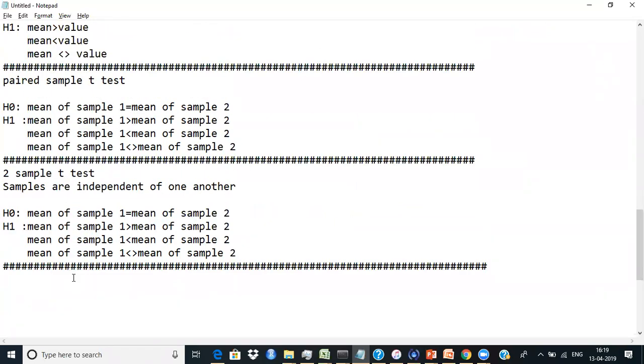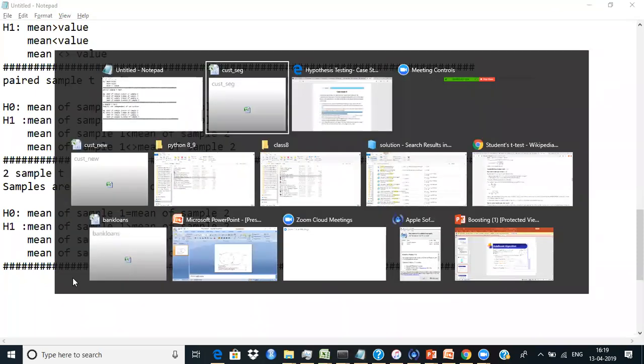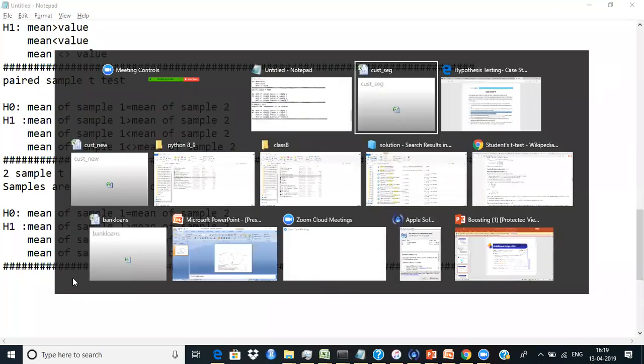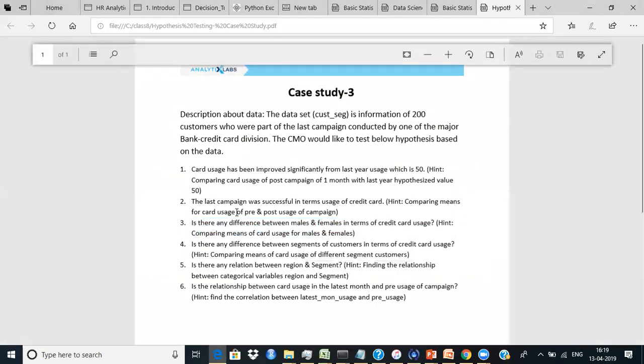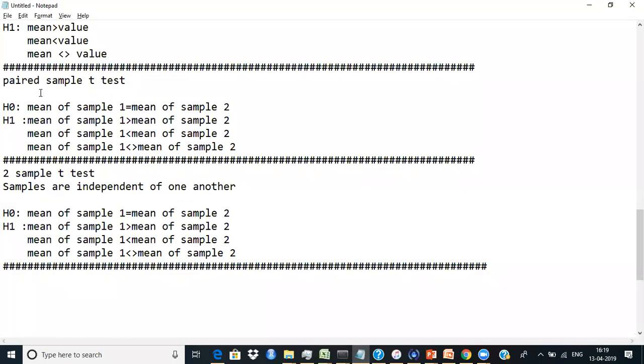Okay, so this is the 2 sample t-test. So far we have done 3 tests: 1 sample t-test, paired sample t-test, and 2 sample t-test. Exactly. We are basically testing the same thing. It's just that here the samples are related to one another, and here they are not related.